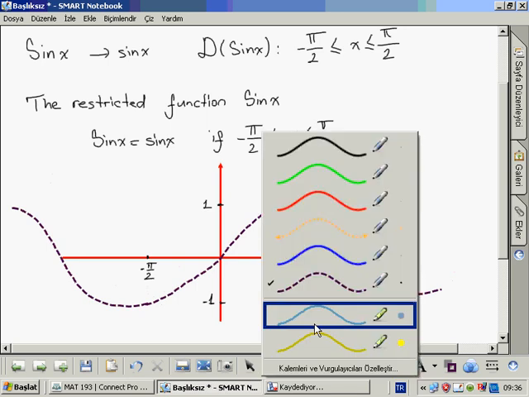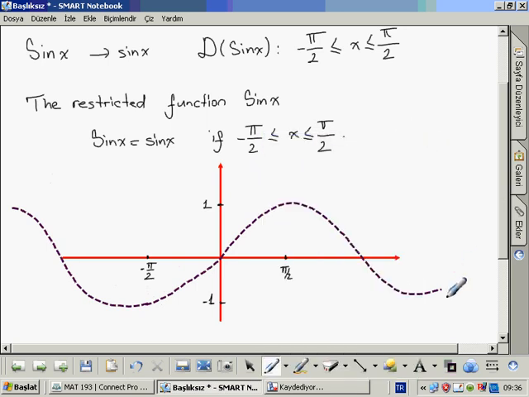And this dotted line is the function y equals sine of x, and this blue curve is the restricted sine function, which is capital S sine x.